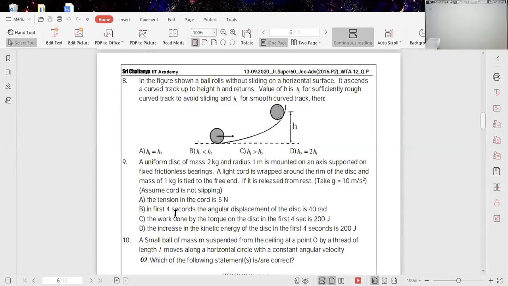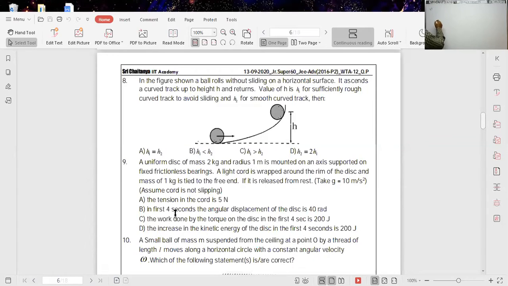Eighth problem. In the figure shown, a ball rolls without sliding on a horizontal surface. It ascends a curved track up to a height h and returns. The value of h is h1 for a sufficiently rough curved track to avoid sliding, and h2 for a smooth curved track.